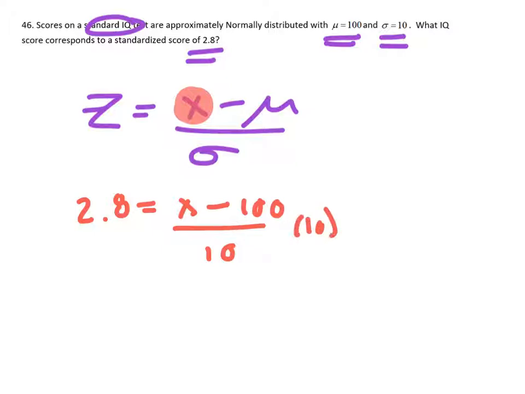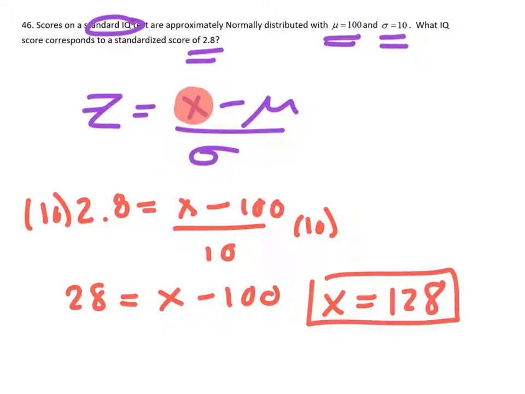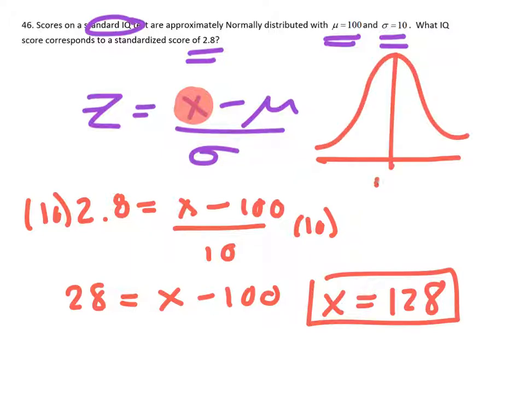Now if we multiply both sides by 10, we get 28 equals x minus 100. When we move the 100 over, we get 128. Her score was 128. Let's see if that makes sense. Normal distribution, 100. 10 would be 110. 120 would be 2, and she was 2.8, so almost 130. So that's close. That's right on the number.